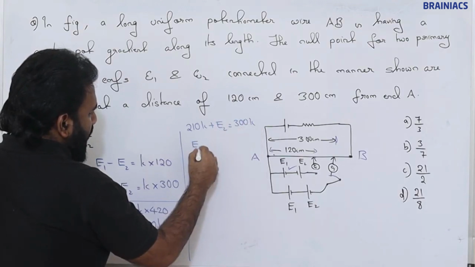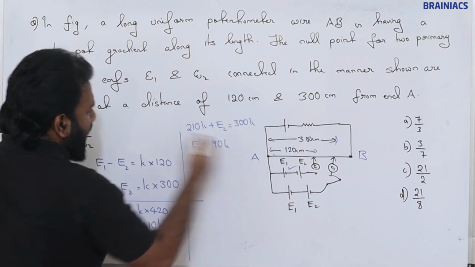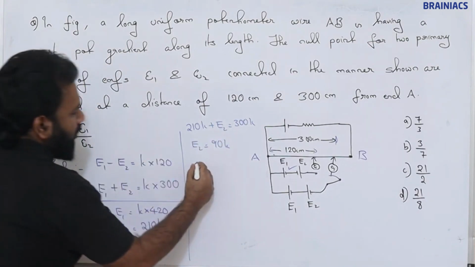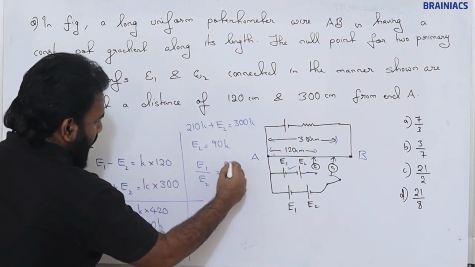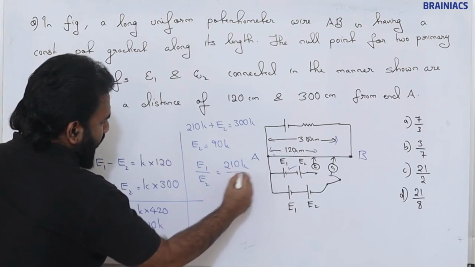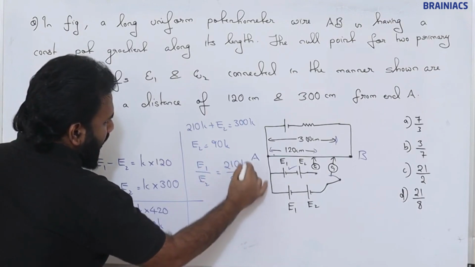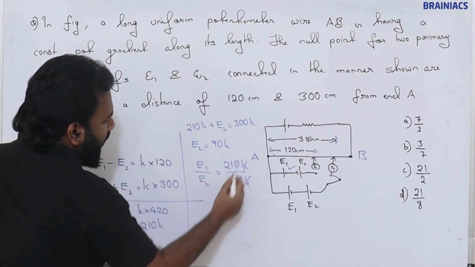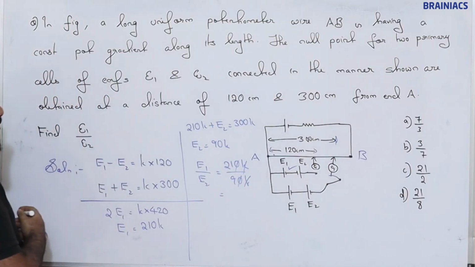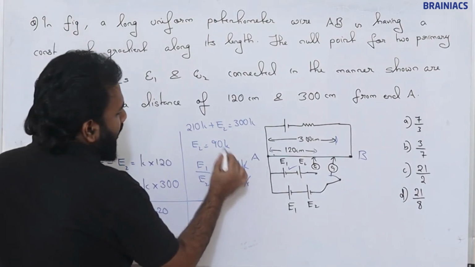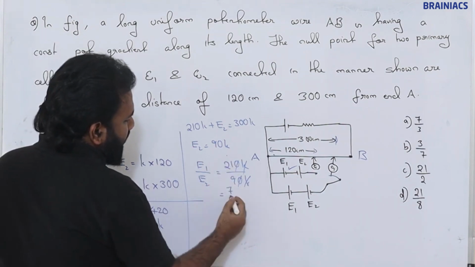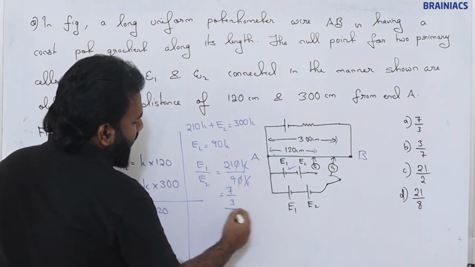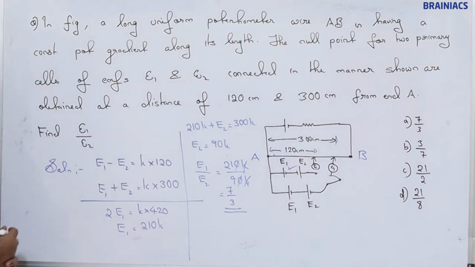So E2 is equal to 90K. So E1 by E2 is equal to 210K divided by 90K. K and the 0 cancel, 21 by 9. In 21, 3 sevens, and in 9, it is 3 threes. So 7 by 3. So the answer is A.